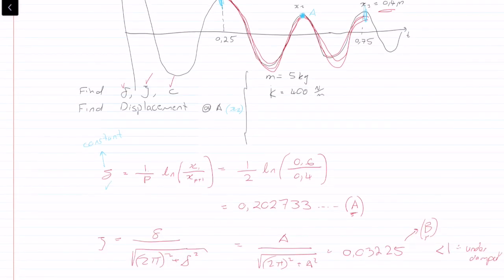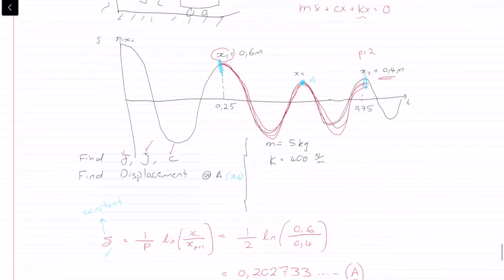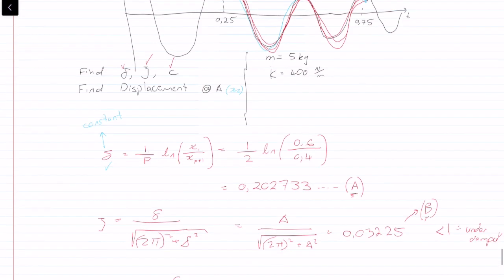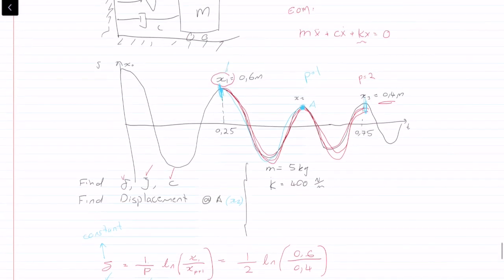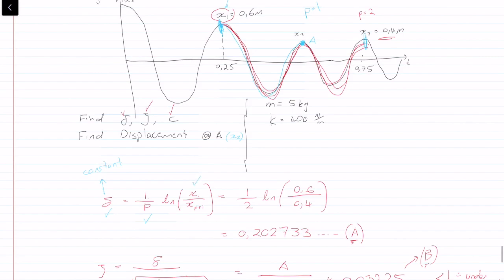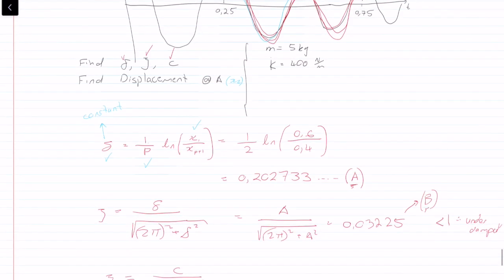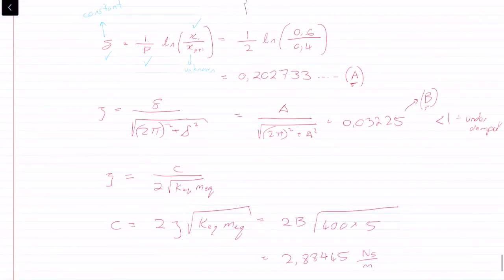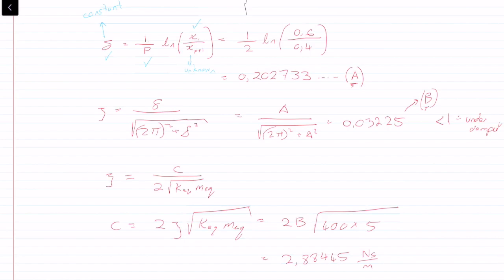Okay, so we know that from x1 to x2, p is equal to 1. So I'm going to say we know p. x1, again, is that value there, which we know, and x(p+1) is the unknown. So basically we can write it as the following.